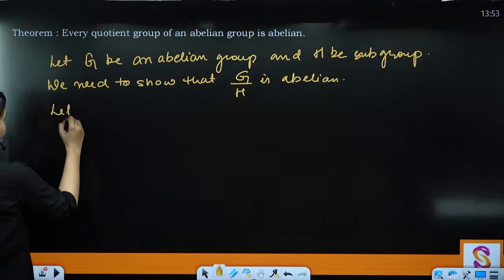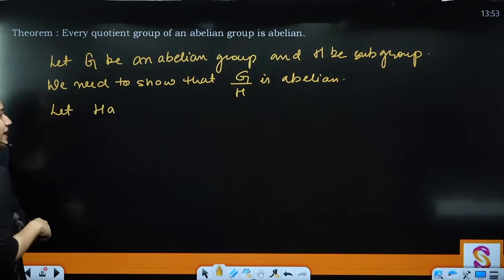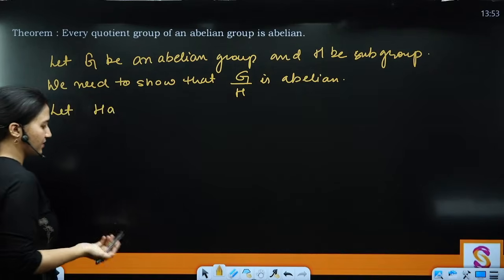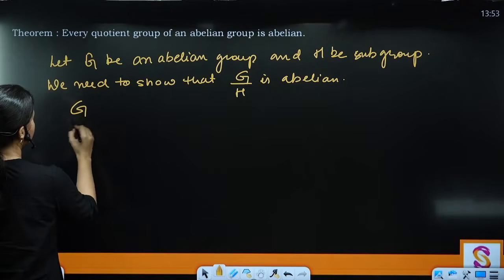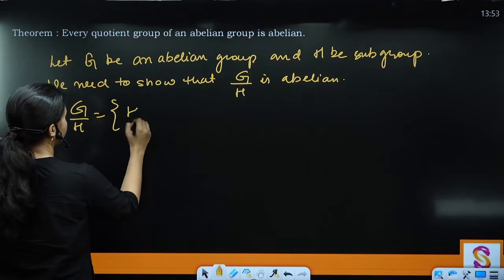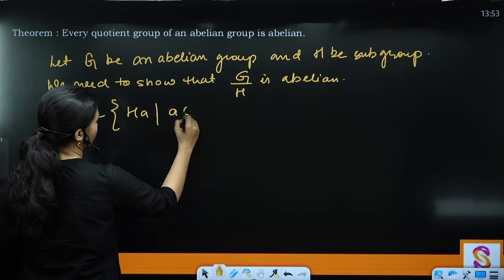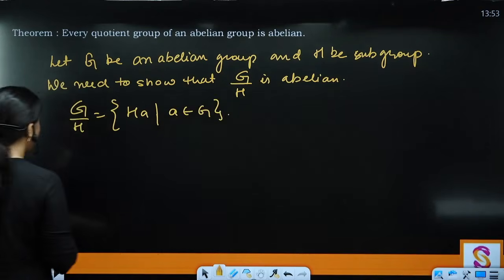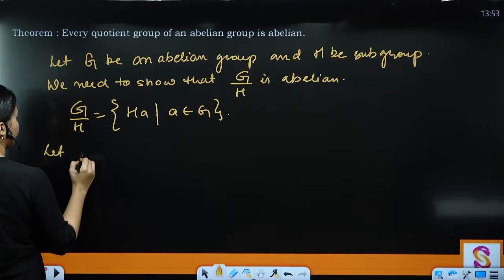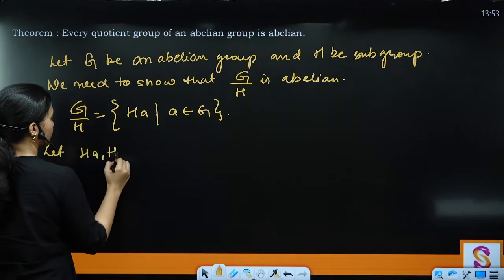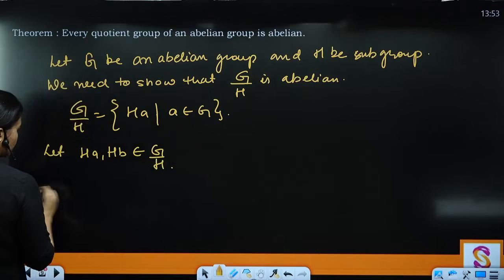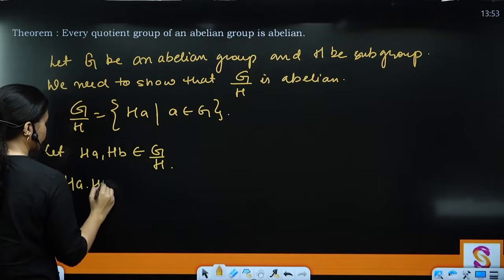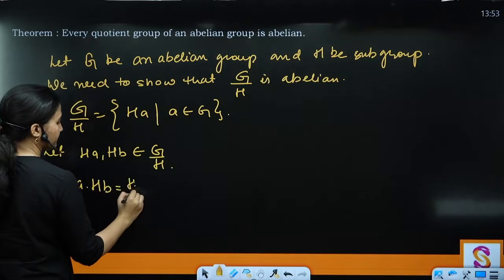Here you can write the definition of G/H as well, let's write it. So G/H is equal to {Ha : a belongs to G}. Let Ha, Hb belong to G/H, right? So Ha · Hb equals Hab.